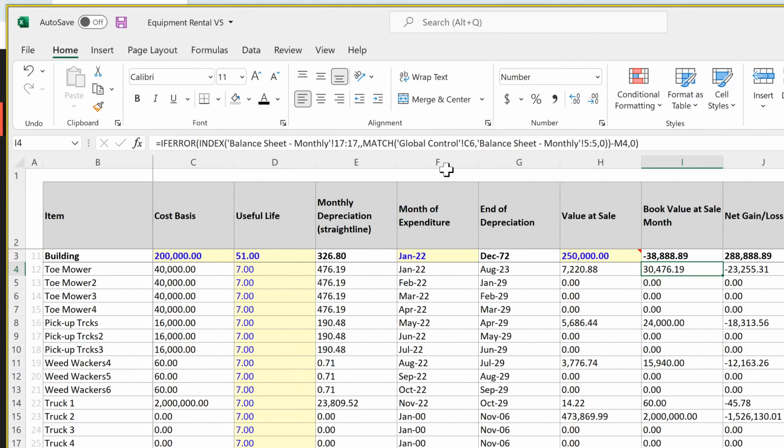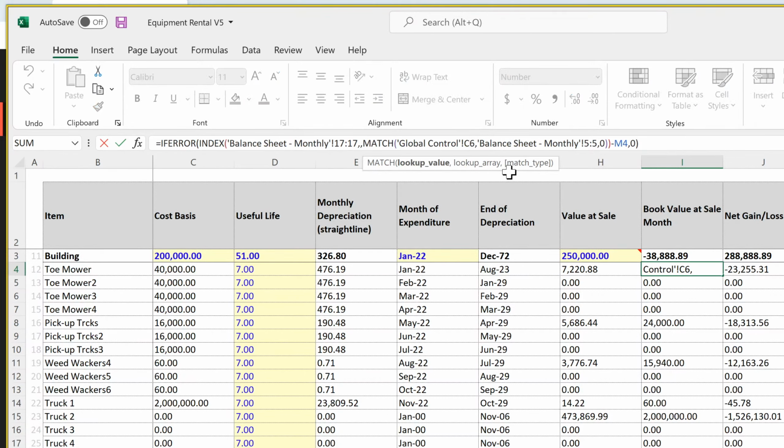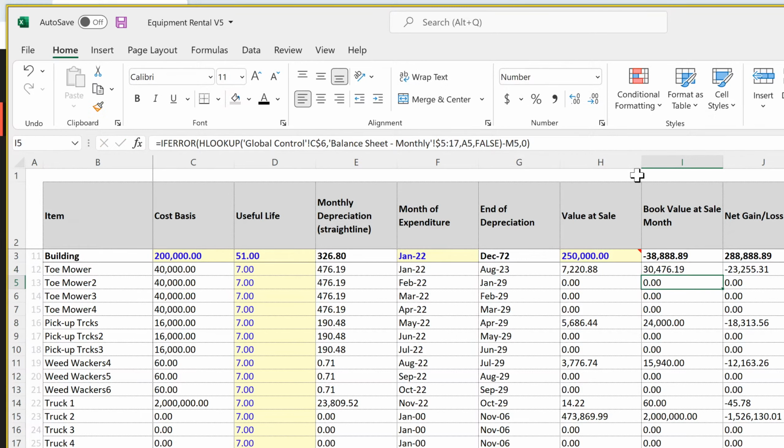Okay, so it looks like the number we actually originally had in there was the right one. Just maybe the formula got messed up going down. We'll see.